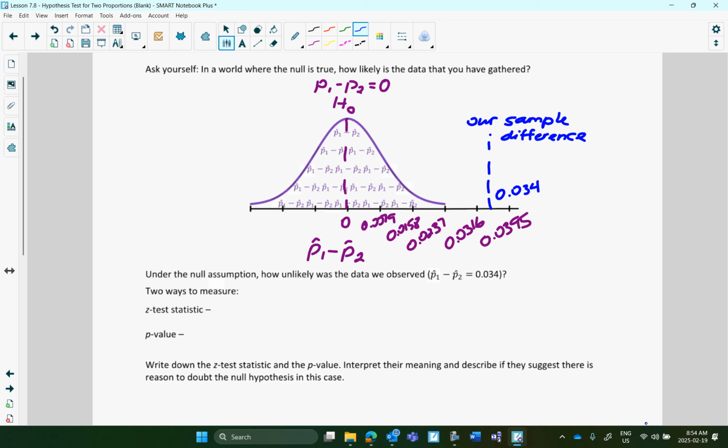If we extended this, and remember, it would just keep getting smaller and smaller. There's our p-value right there. That's our p-value that we have to calculate. That's the probability of getting the sample difference, which you can see is going to be really, really low.